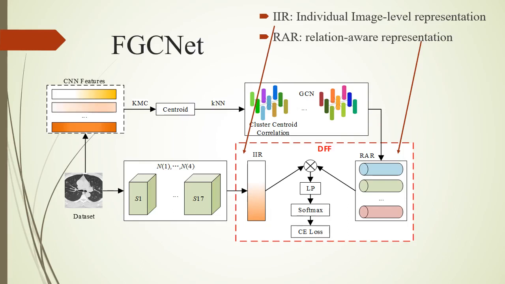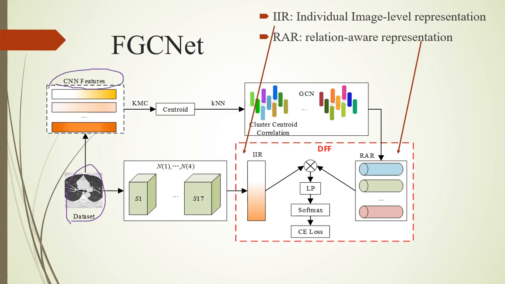The FGCNet has a similar idea to the previous ResGNet-C. Here, suppose we have a dataset that contains COVID-19 and healthy subjects. We first use a self-developed CNN to extract the CNN features.